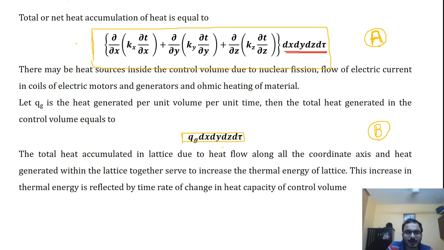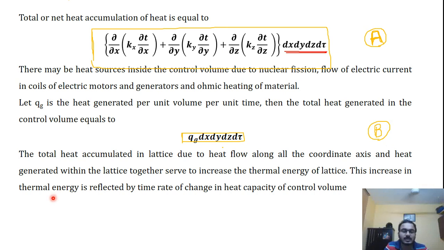So the total heat accumulated in the lattice, due to the heat flow along the coordinate axes and the heat generated within the lattice, both capital A and capital B equations together serve to increase the thermal energy of the lattice. So this will ultimately increase the thermal energy of the lattice.